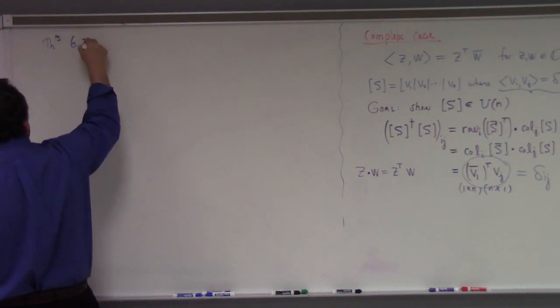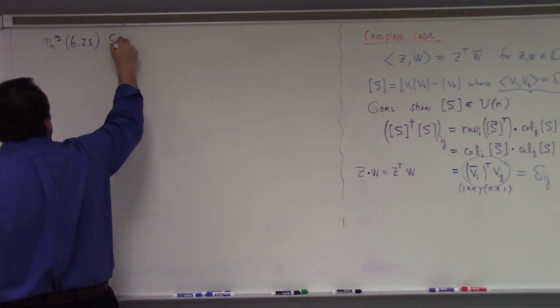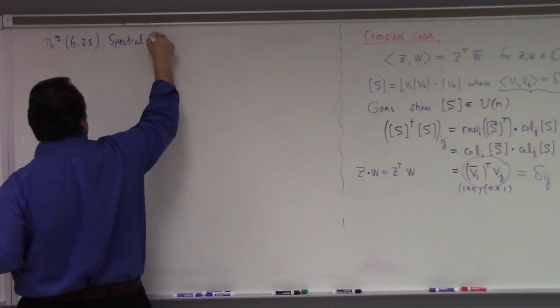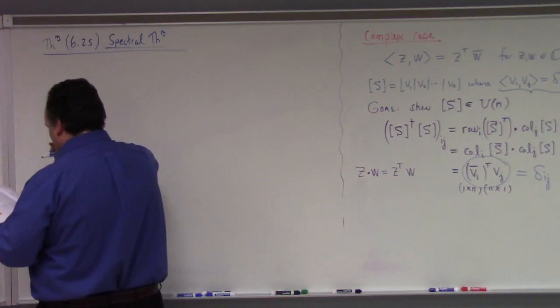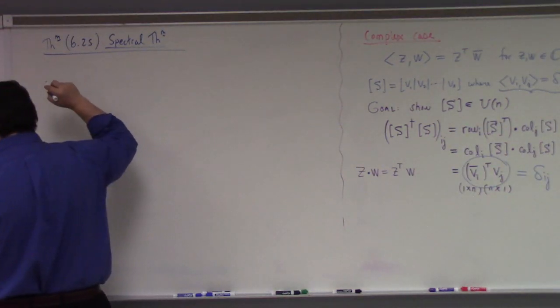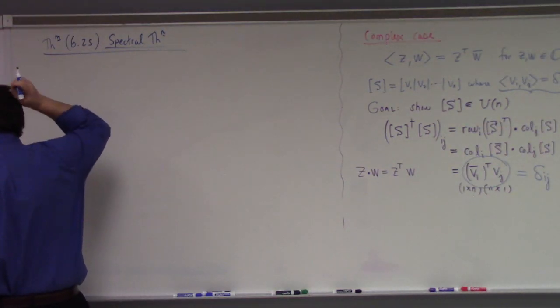Theorem 6.25, spectral theorem. And this terminology, spectral theorem, goes back to the history of linear algebra, which is connected to the history of quantum mechanics, rather.